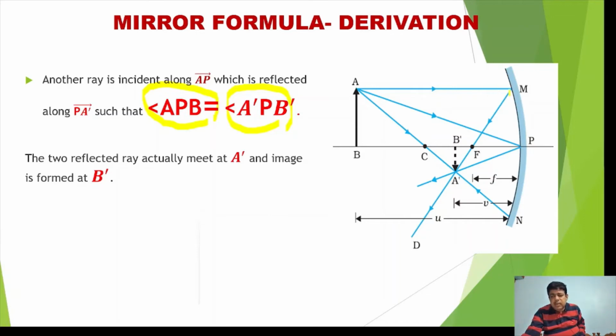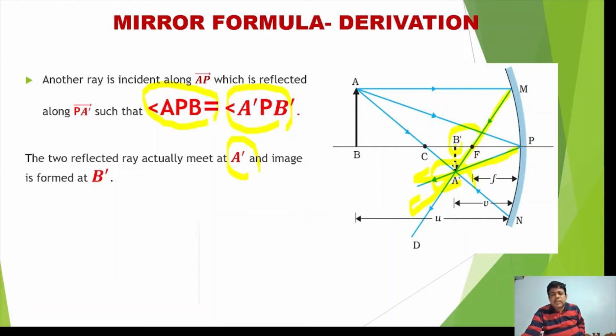This is one of the reflected rays that passes through the focus. Another reflected ray from the pole passes along PA dash, which intersects at the point A dash. So the two reflected rays meet at the point A dash, and the image is found at B dash. We have to draw a perpendicular from the point A dash on the principal axis.